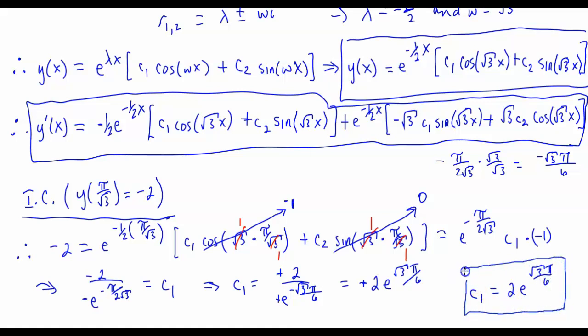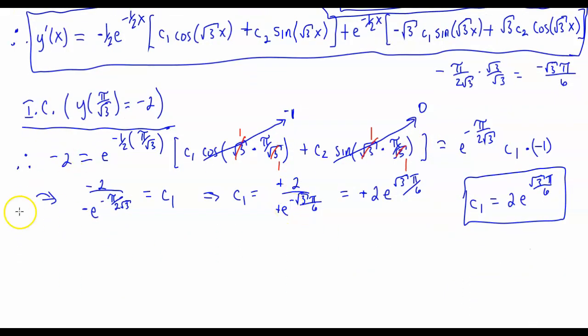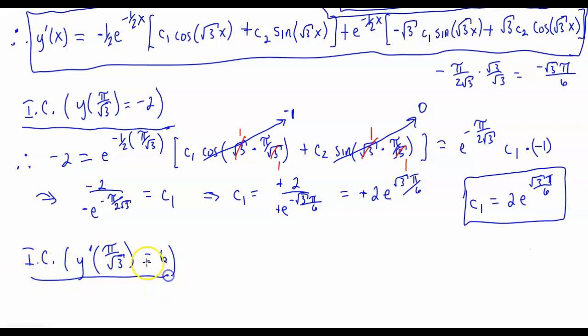So that is C1. All right, so now we need to do our second initial condition. This is y1 prime of pi divided by square root of 3. And that one was equal to 6. And so now we're going to use this first derivative here. Of course, it's really long, but actually keeping it this way will make it better to evaluate in the long run.